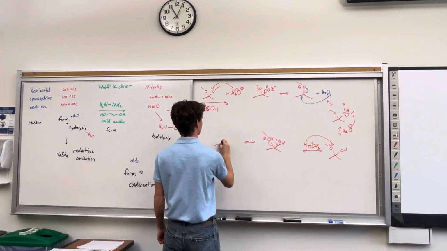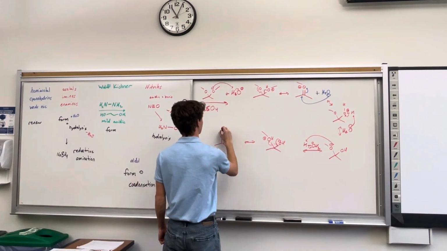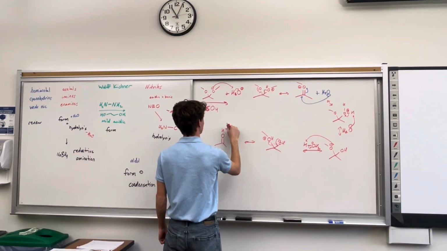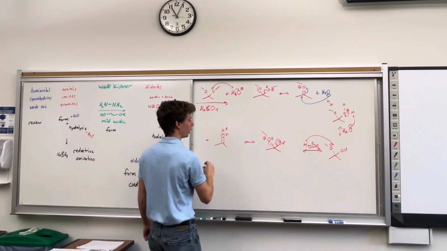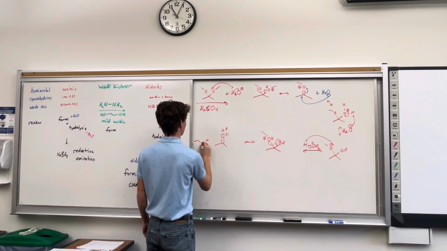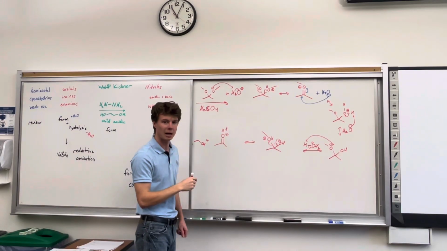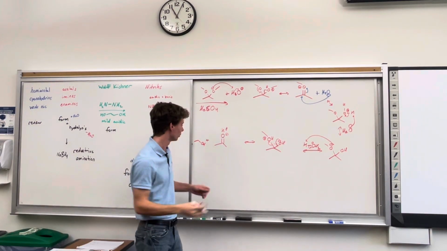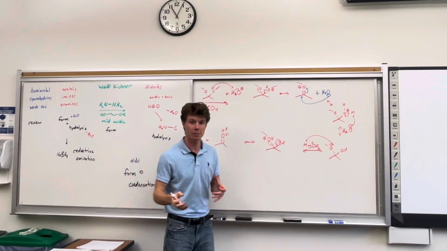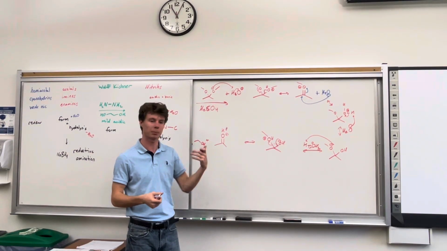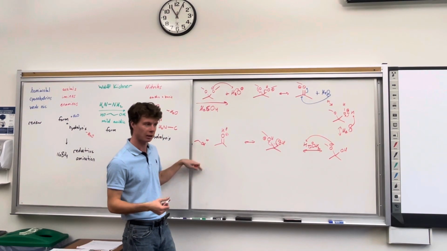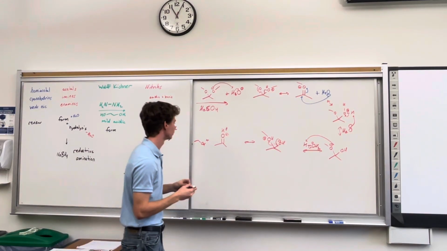And we'll get plus, notice we make alcohol, okay? And alcohol and carbonyls were our reactants to make this, so it makes sense. We're going backwards, we should expect to make alcohols and carbonyls at the end.